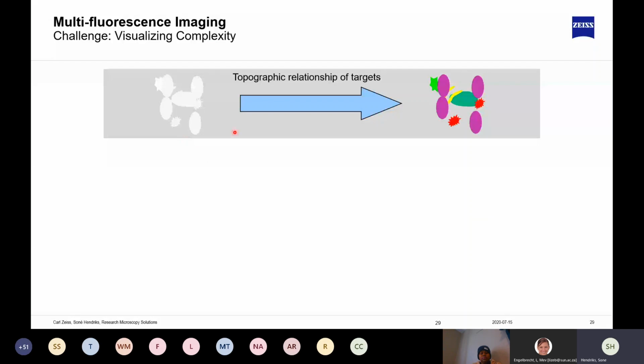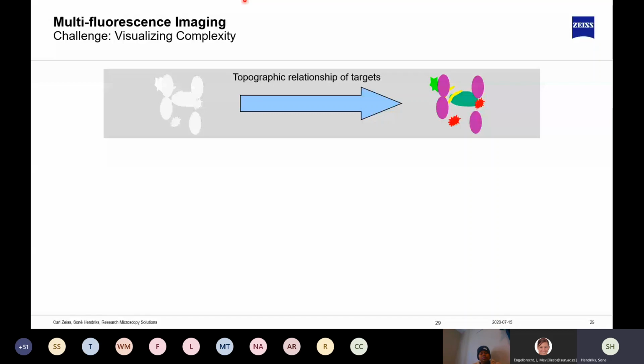But by introducing fluorescent labels, we can look at live or fixed samples, and you can see the relationships of different and multiple targets, even protein-protein interactions and protein-organelle interactions in cells or tissues, or even now where biology is going, whole organisms.